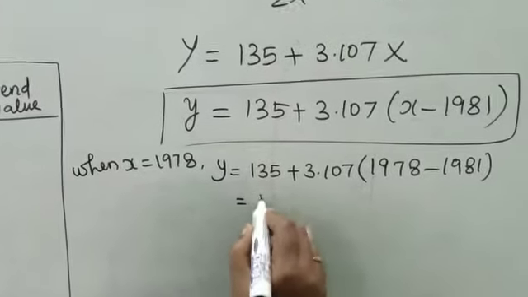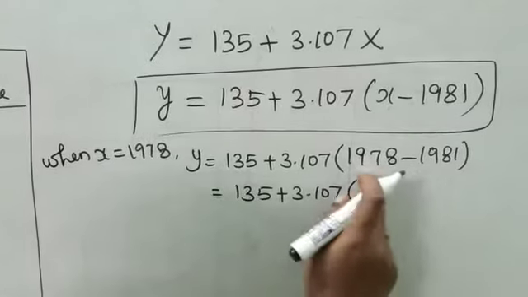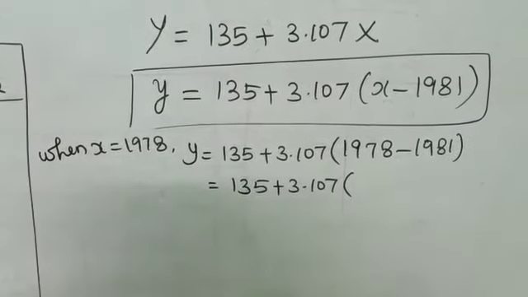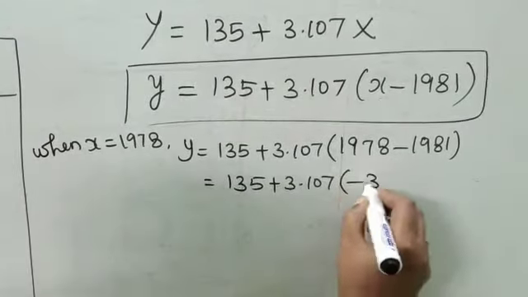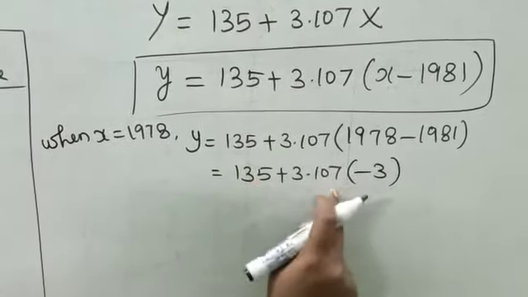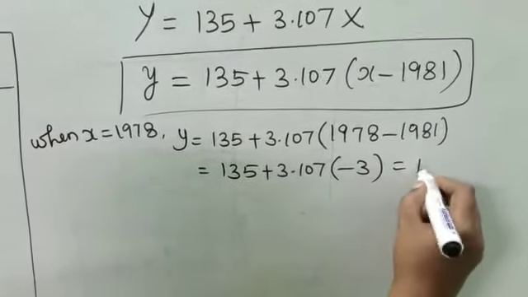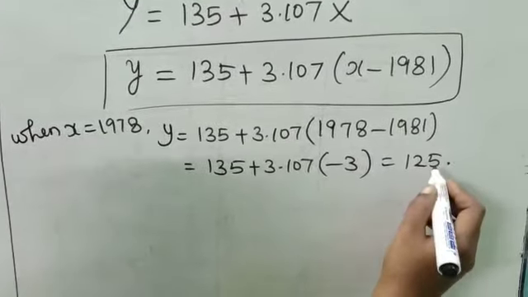You will get 135 plus 3.107 into minus 3. Multiply these two values plus 135. That will give the number 125.679.